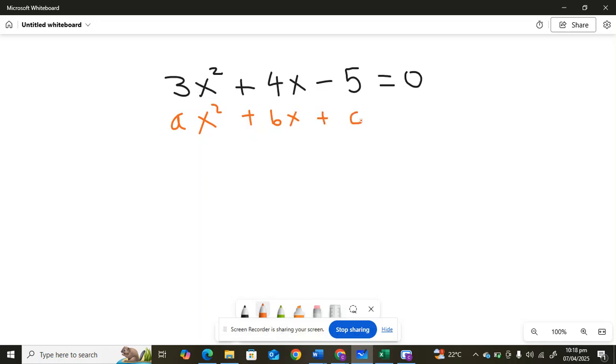So the first thing that you need to do is determine our a, which is the coefficient of x squared. What is our a, colleagues? 3, just 3. What is our b?